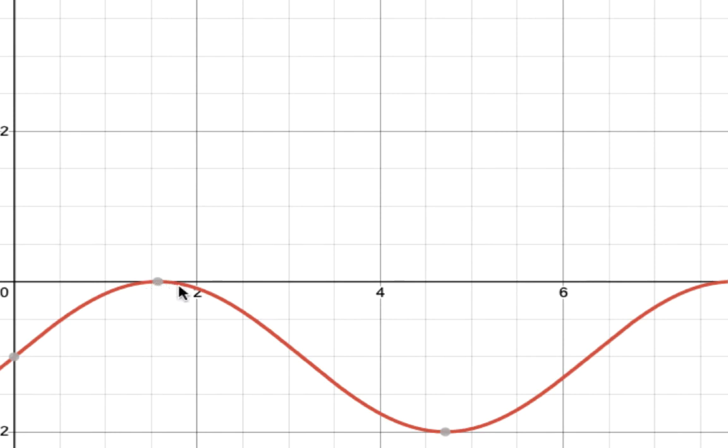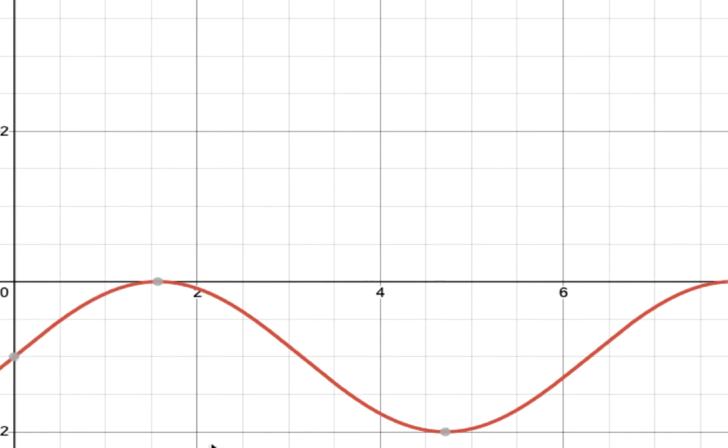Then from pi halves, we go down to 3 pi halves, the function is decreasing. And then from 3 pi halves to 5 pi halves, the function is increasing. But 2 pi is somewhere in between. 5 pi halves is more than 2 pi. Okay, so we already see from the graph, function increases, decreases, and increases.